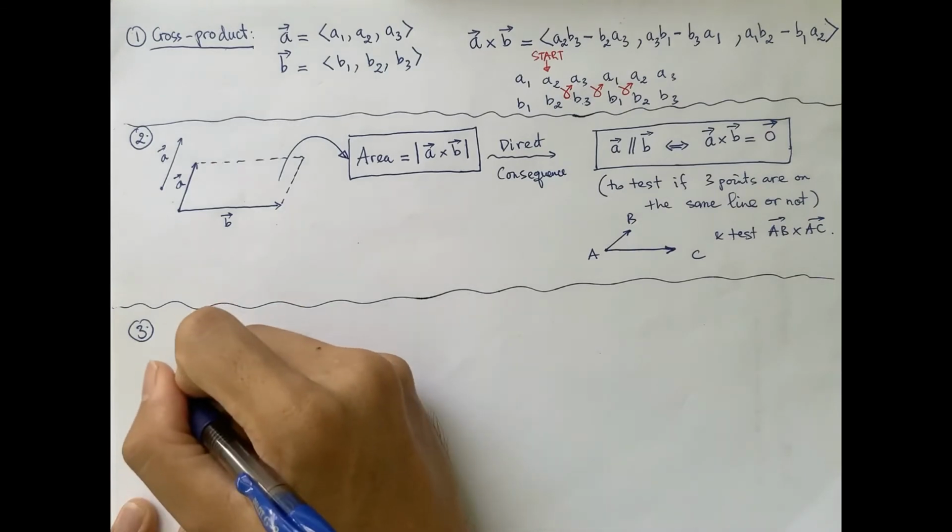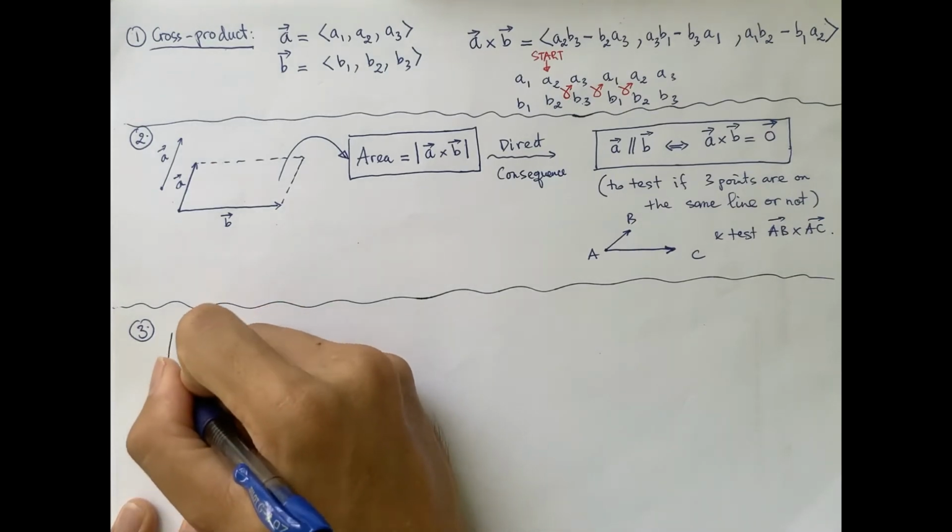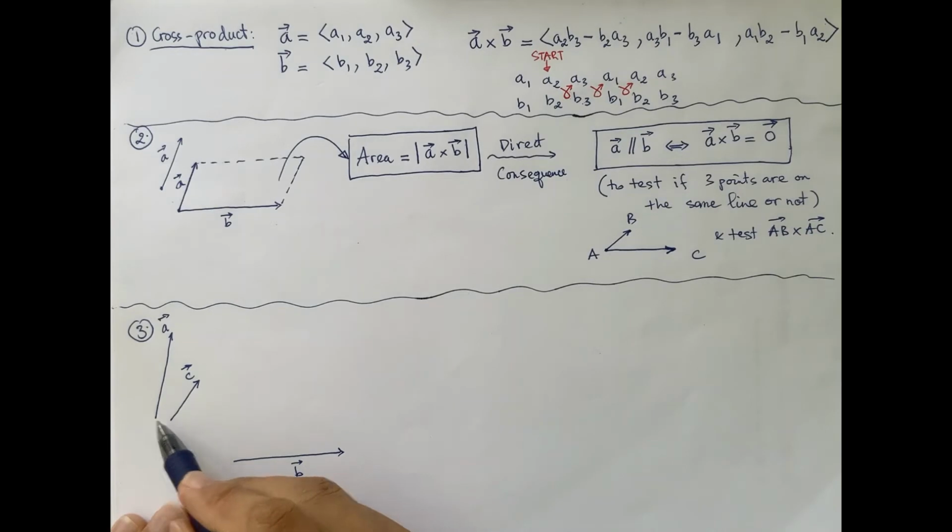If you are given 3 vectors, then you can move them so that they start from the same initial point.